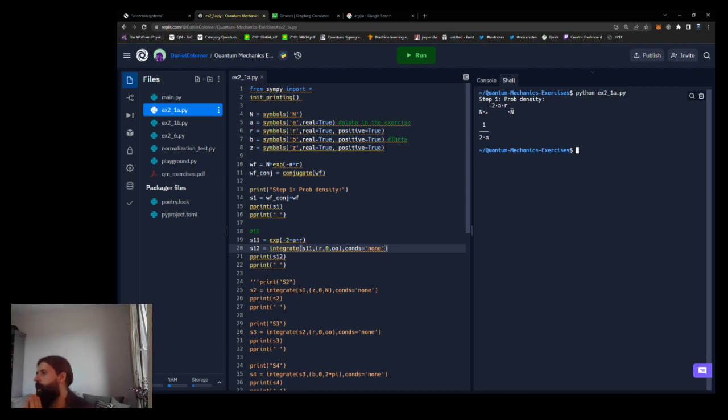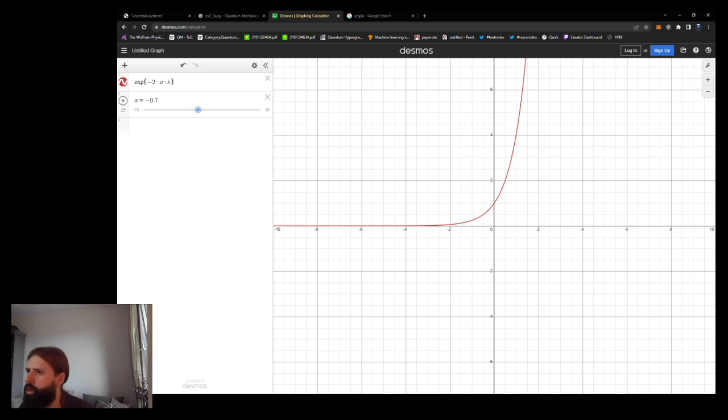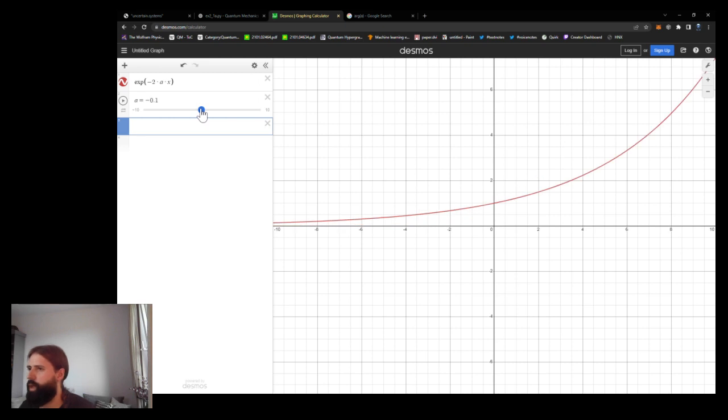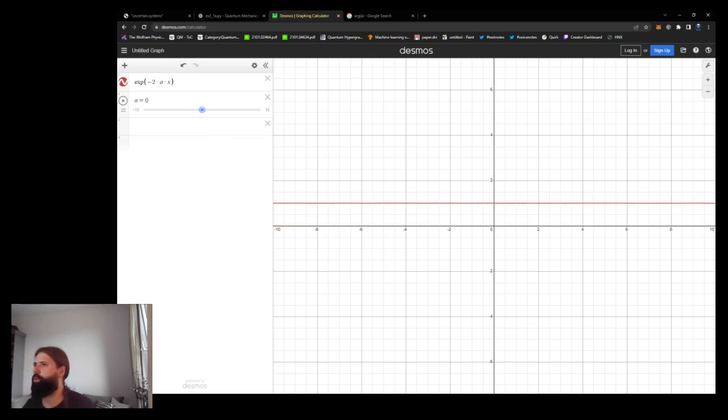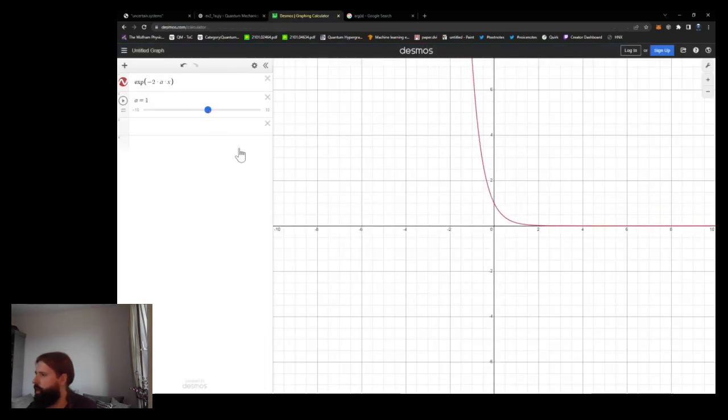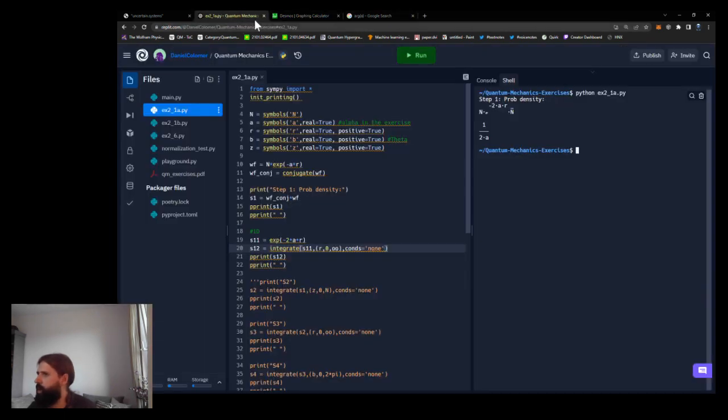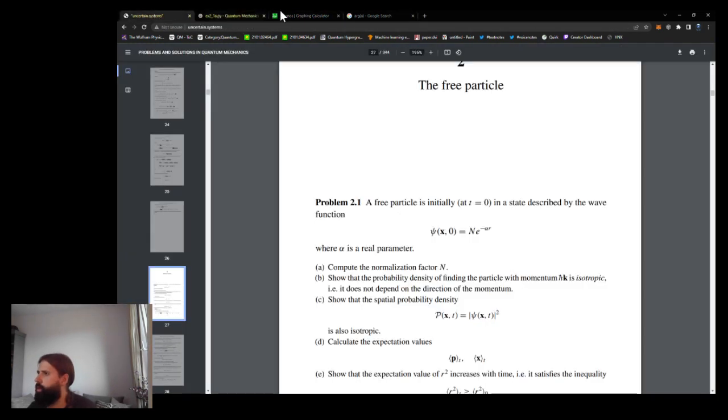For example, if a is 0, it's indefinite. But if a is 1, then you have this area here, which is telling me it's 1 divided by 2, 0.5.